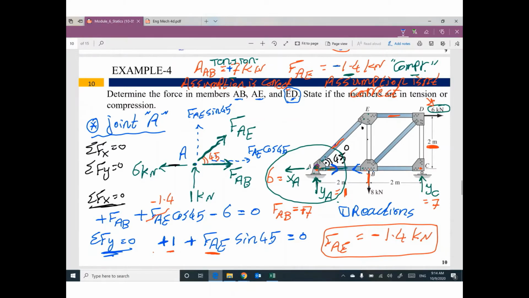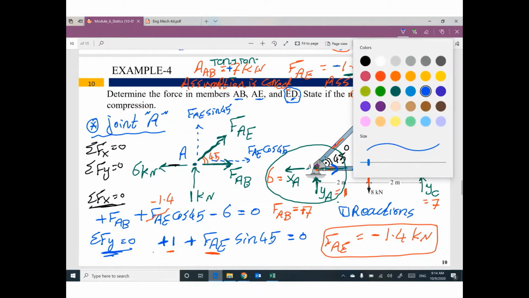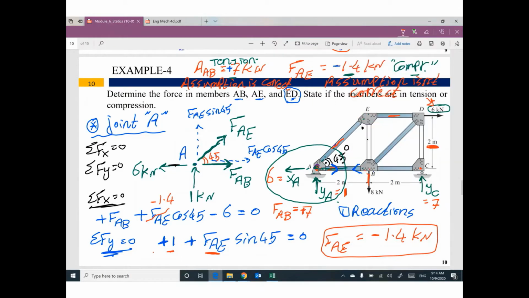Guys, this member is in tension, that's right? FEB in tension, 7 kilonewton. Tension means related to this joint is tension. Related to the other joint on the other side is tension also.